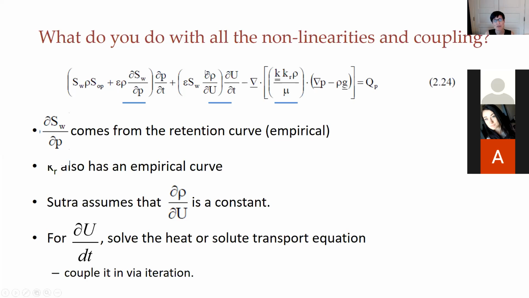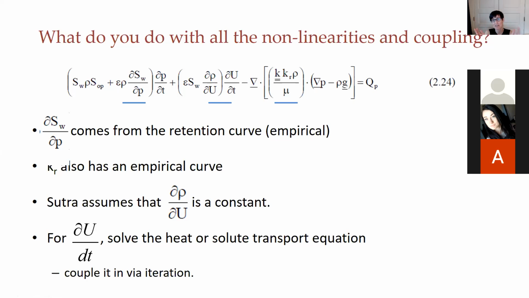The guys in Sutra named this because inside the code, rho starts with an R, and this they convert to W for some reason. So they call this rho W, RHOW inside the code. So their variable name for this term is DRWDU, right? It's just this 5-letter variable name.